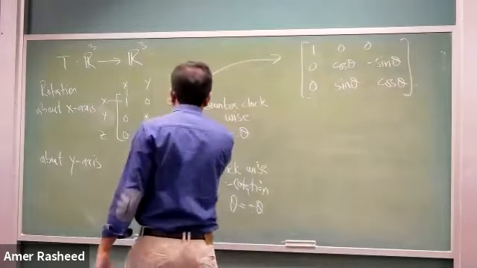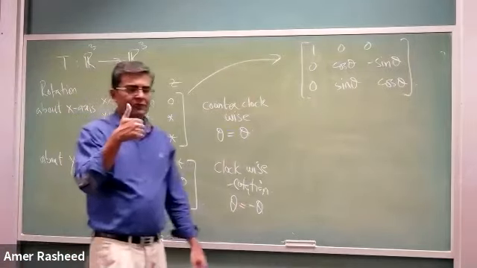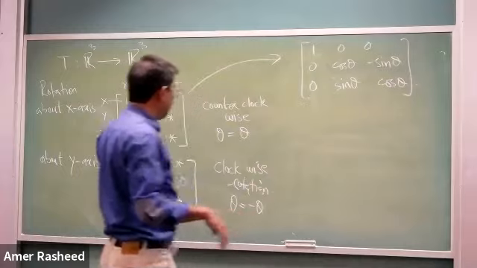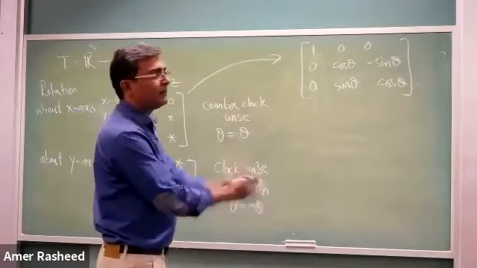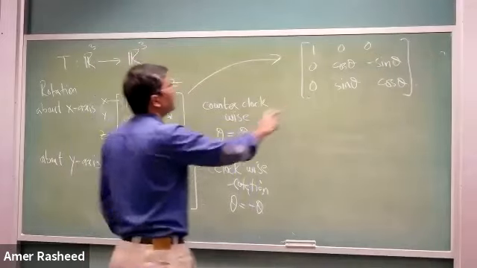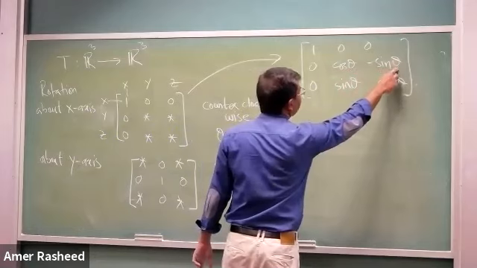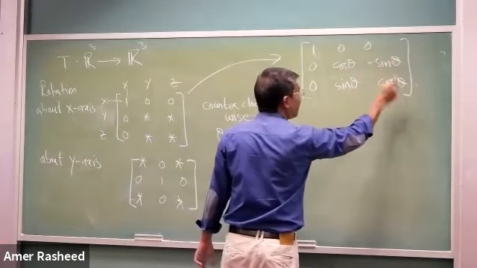But in the second case, by using that thumb rule, that theta will become negative theta. Then in that case, you have to put here cos of negative theta, sine of negative theta, sine of negative theta, and cos of negative theta.